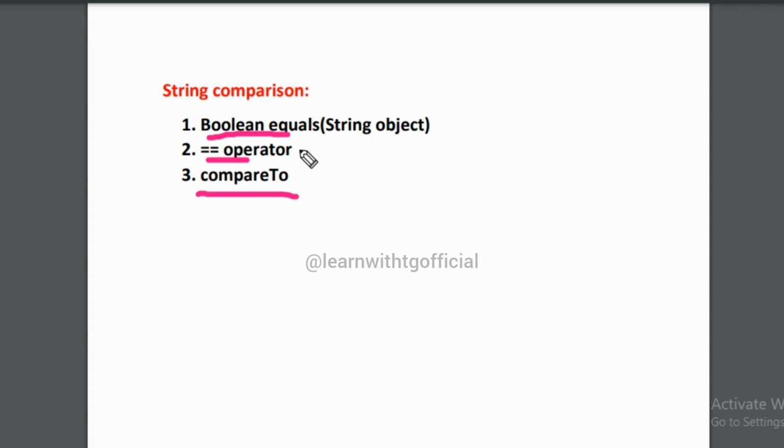Next, by the equal to operator, strings are compared by references or instances of the given strings. By the compareTo method, the values present in the given strings are compared and it returns an integer value which tells whether both strings are equal or which is greater and which is less, returning values like 0, 1, minus 1.